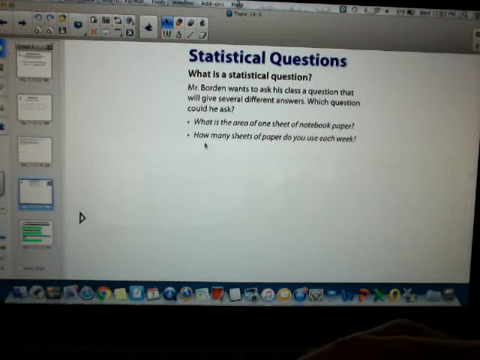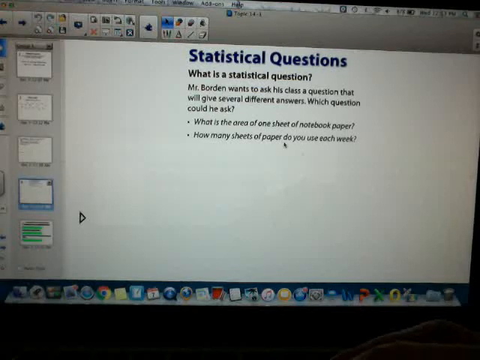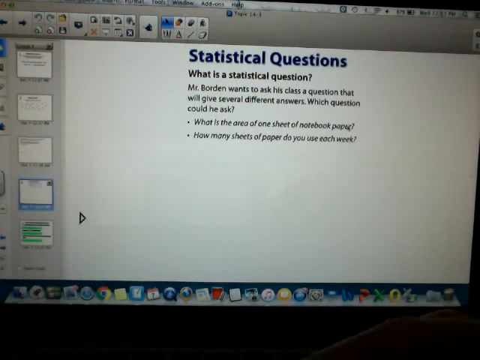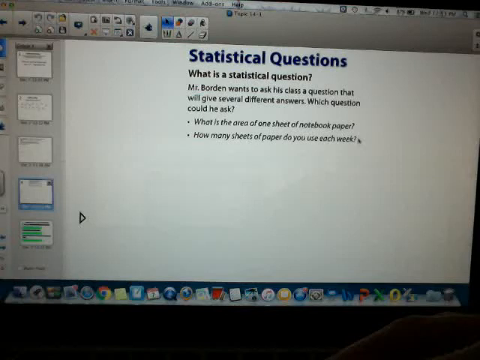The other question he could ask is, how many sheets of paper do you use each week? Now, which of these questions will give you a definite answer, and which might give you several different answers, depending on who you asked? That's the key: whether or not you'll get many different answers or just one specific answer.